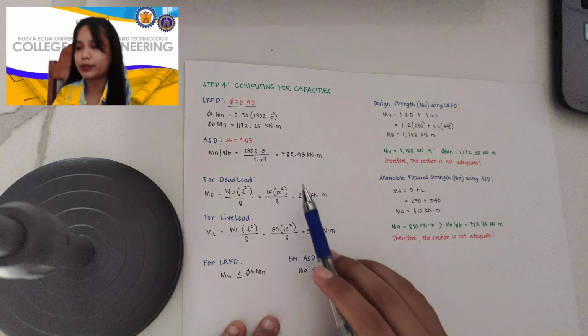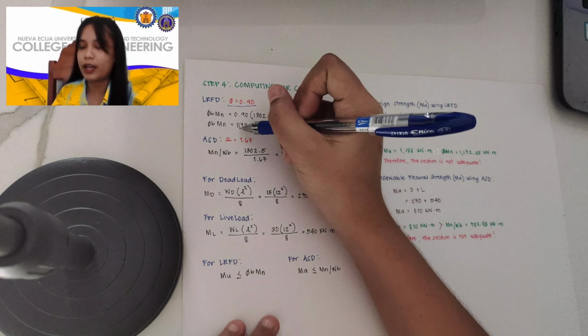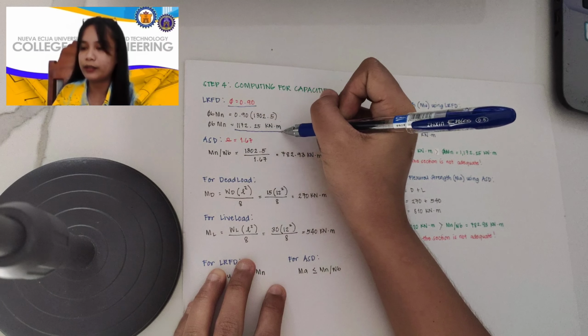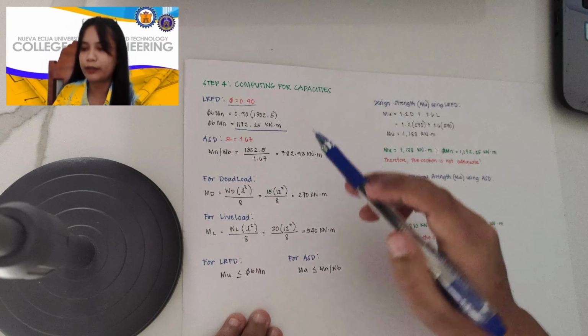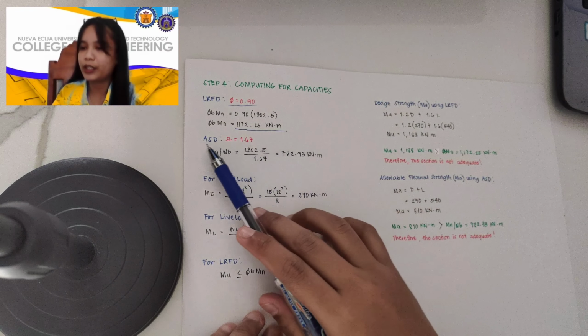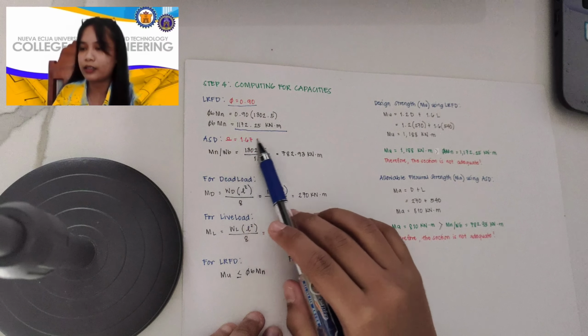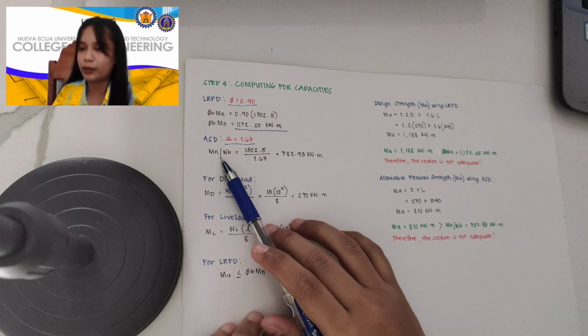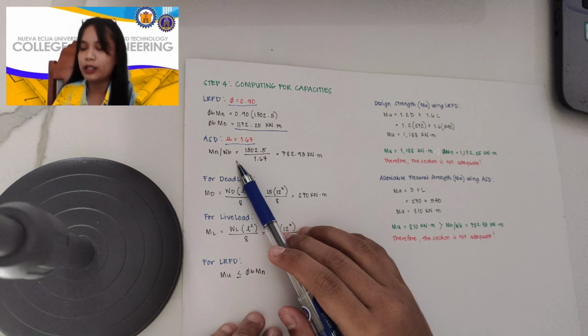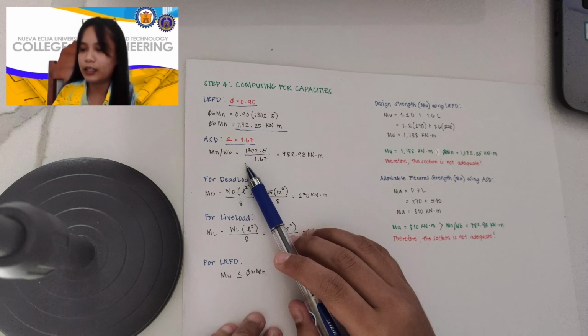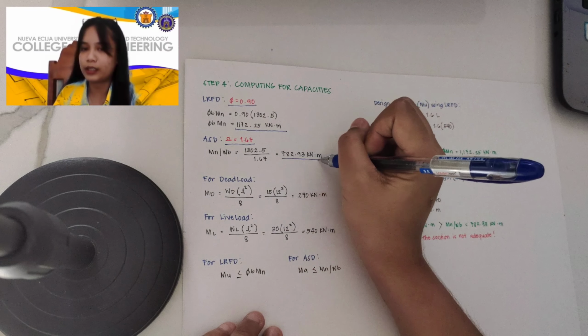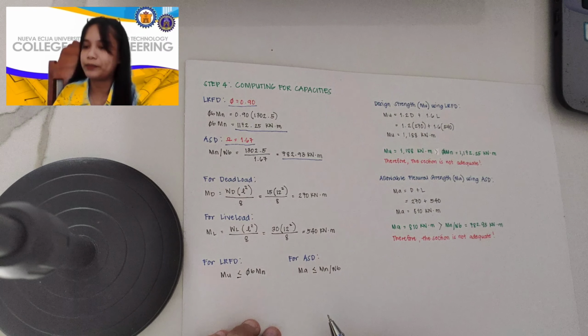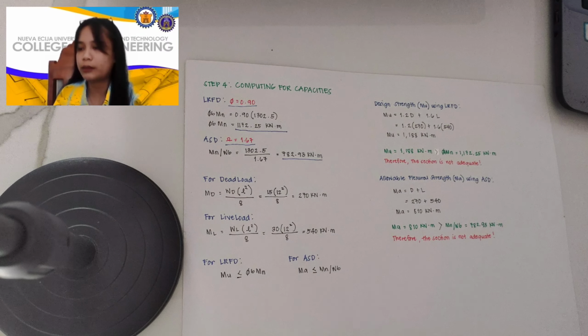We have a capacity in LRFD of 1,172.25 kilonewton meter. For ASD, the reduction factor we will use is 1.67. So we have a capacity using ASD of 782.93 kilonewton meter.